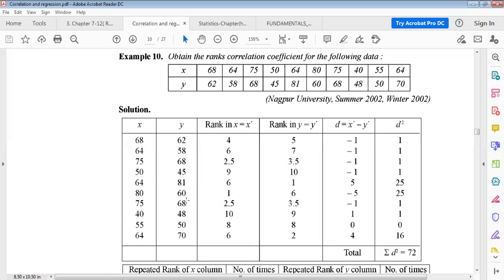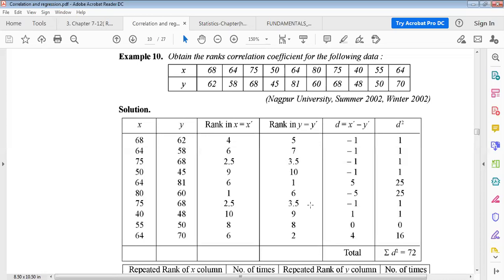How many 68s are there? Two 68s, so ranks 3 and 4 are given to 68. We have to divide the sum of these ranks: 3 plus 4 equals 7, divided into two parts because 68 appears two times. So each gets rank 3.5.